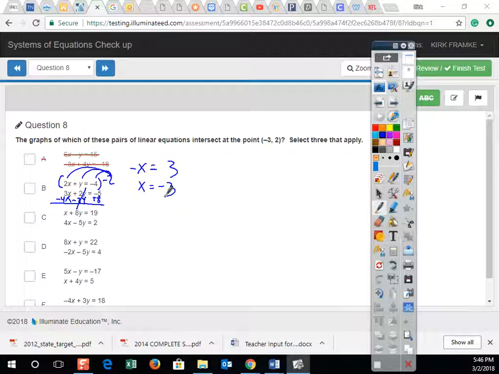This looks promising, but we're not done yet. So I'm going to substitute -3 in for x over here. So I get 2 times -3 plus y is equal to -4. So I get -6 plus y is equal to -4, plus 6 plus 6. So I get y is equal to 2. We have a winner.